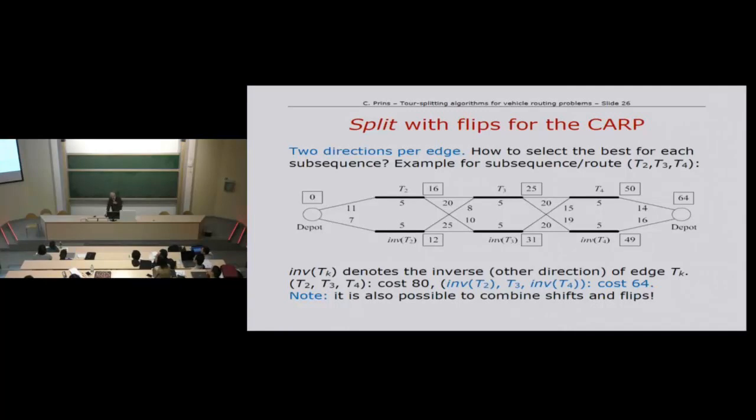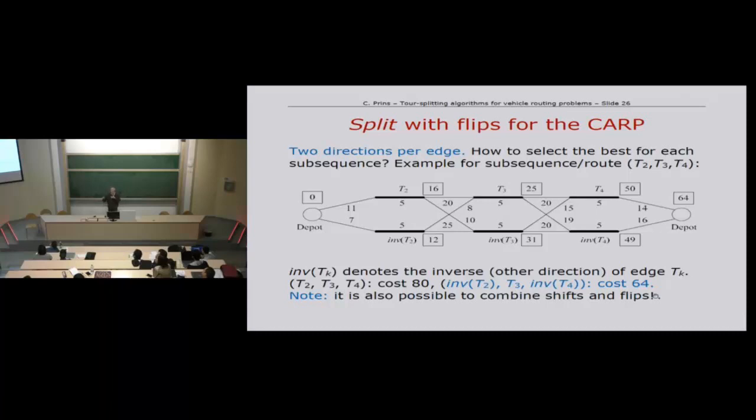So if you keep the initial directions of the edges, the cost for subsequence T2, T3, T4 is 80. But in fact, by using Bellman's algorithm again, we can see that the shortest path is to traverse T2 backwards, so you invert the initial direction of T2, then you visit T3, and then the inverse of T4, and you have a cost of 64.